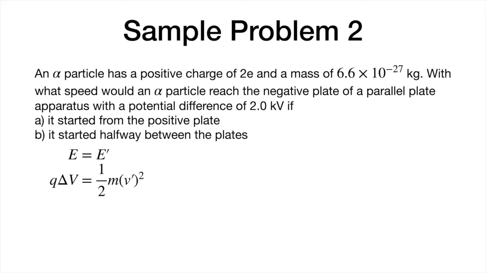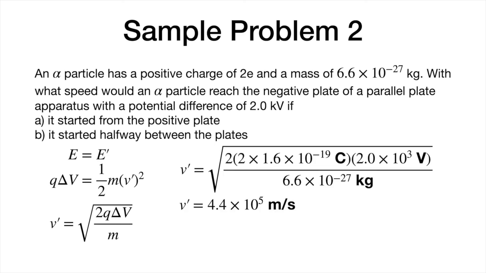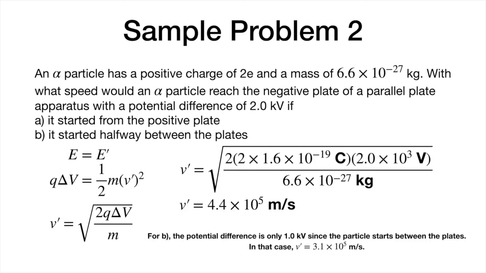So if we know the potential difference between the plates is 2 kilovolts, what do you suppose the potential difference is between, say, halfway between the plates and the negative plate? I mean, just take a guess, right? It's a linear relationship, which may not be obvious, but basically it's got to be a potential difference of 1 kilovolt.